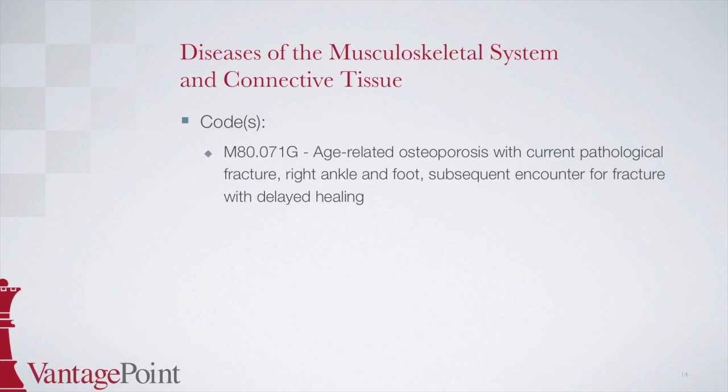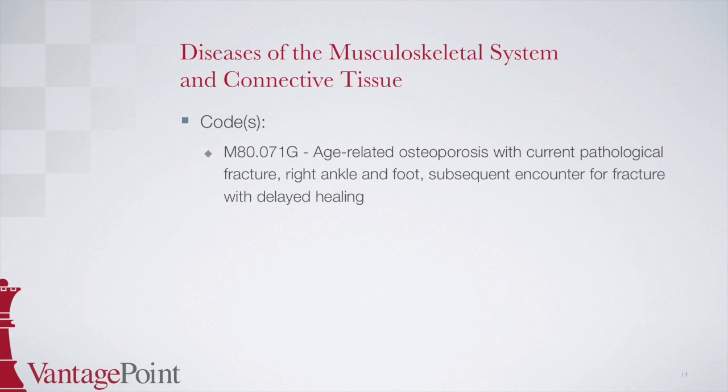To locate this code, start at osteoporosis in the alphabetic index, and then the phrase with current pathological fracture is indented below, which points to M80.00 with a checkbox next to it indicating that more digits are required. When we go to the tabular, subcategory M80.00 is for age-related osteoporosis with current pathological fracture, unspecified site.